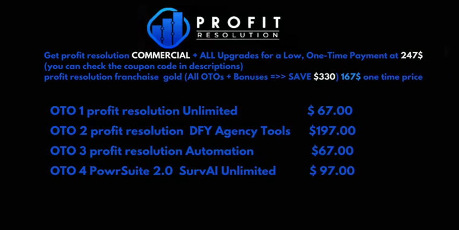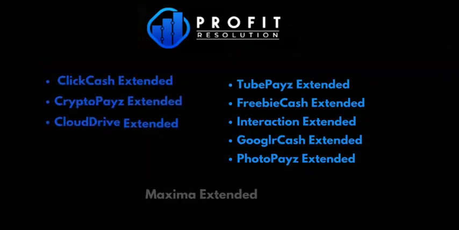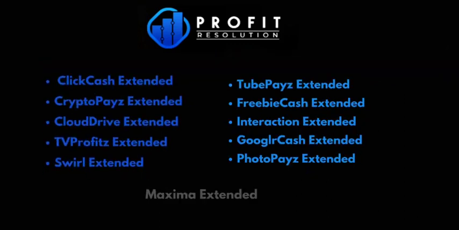OTO 2, Profit Resolution DFY Agency Tools, $197. OTO 3, Profit Resolution Automation, $67. OTO 4, Profit Resolution Limited List Traffic, $97. Front-end Power Suite, with 11 profit-making apps. You can get the app list here.